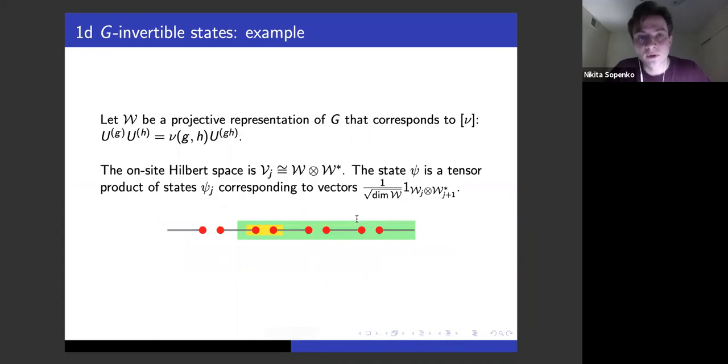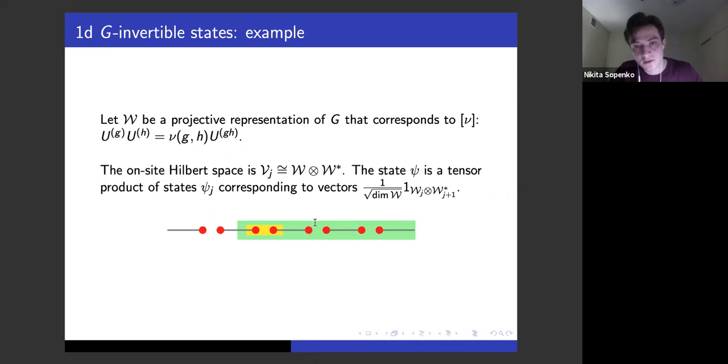And here is an example of a non-trivial phase. How to construct it? We just consider some lattice on Z. We can choose some cohomology class which corresponds to a projective representation of this finite group, and we can consider the following state.